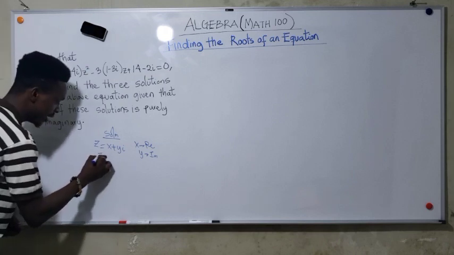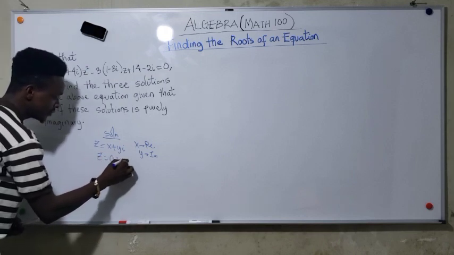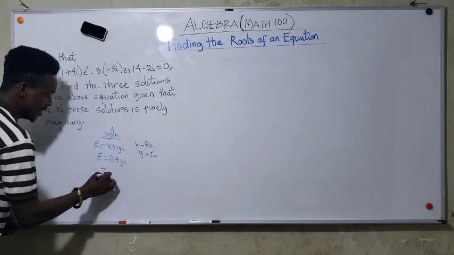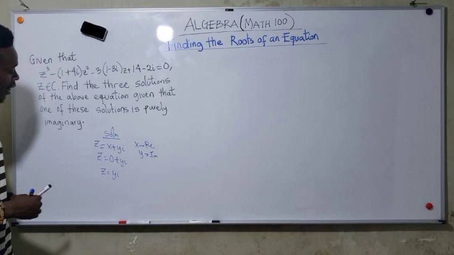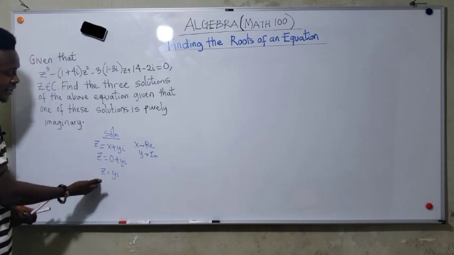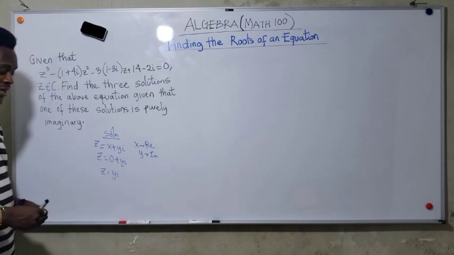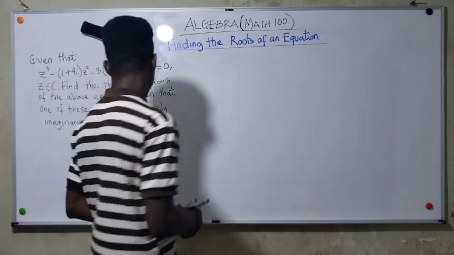So we have z equal to 0 plus yi, so z is equal to yi.